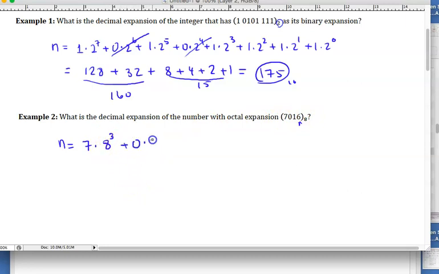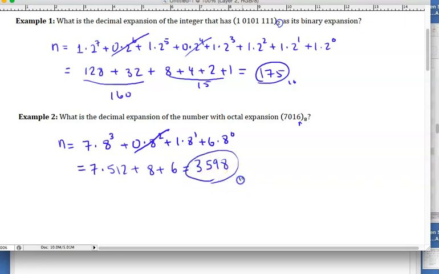So we have 7 times 8 to the 3, then 0 times 8 to the 2, 1 times 8 to the 1, and 6 times 8 to the 0. Let's calculate this. The 0 term will vanish. Then I have 7 times 8 to the 3, which is 512, plus 8 plus 6. So 7 times 512 plus 8 plus 6 gives me 3598. That's the answer in base 10.